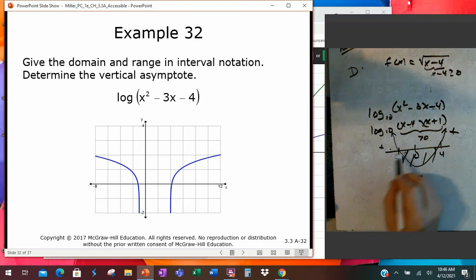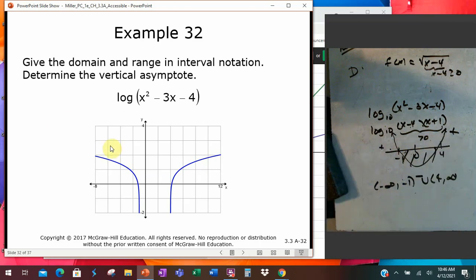It can't be negative, so the domain is negative infinity to negative 1, union 4 to infinity, both of those pieces. And this is the graph of what that would look like. For this domain, I'm graphing it down and then up. I'm just picking out numbers and working backwards to get this. That's what that would look like.